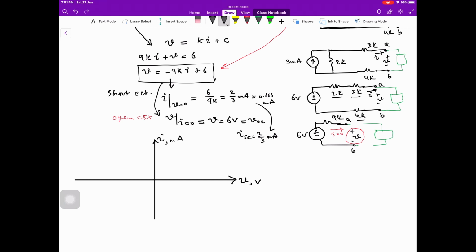So when current is equal to 0, we are on this axis. When current is 0, what is the voltage? Voltage is 6 volt. This 6 volt is V open circuit.